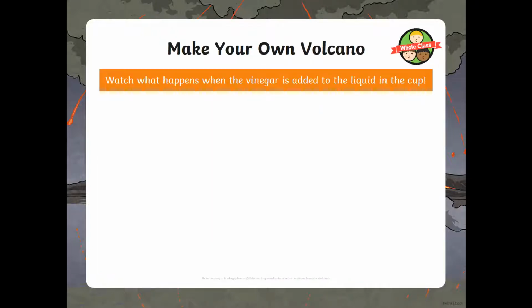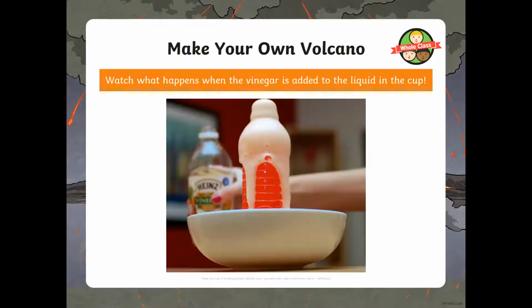Watch what happens when the vinegar is added to the liquid in a cup. It's a really fun activity, which I'm sure you'll enjoy making. If you don't have the ingredients, then don't worry, you can just watch me have a go at making the volcano now.